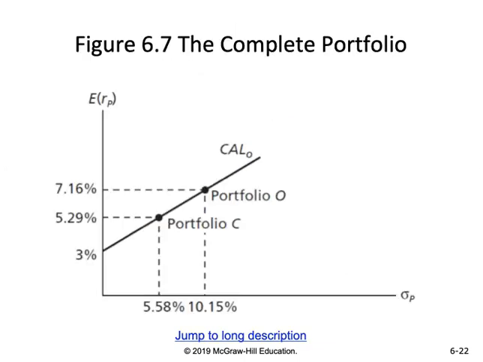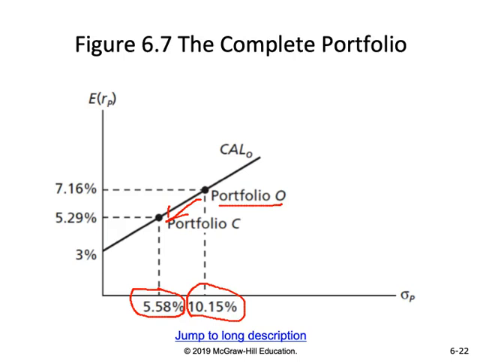And while portfolio O is the optimal risky portfolio, a risk-averse investor that doesn't want this high level of risk, 10.15%, can move down this capital allocation line to get the standard deviation to an area they're more comfortable with. In this example, 5.58%.